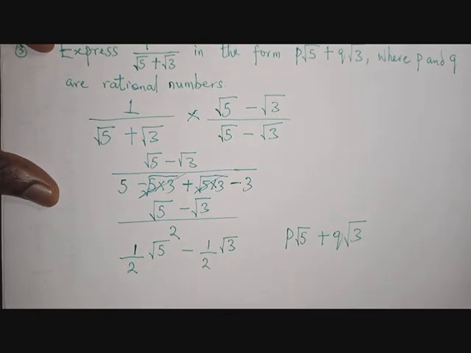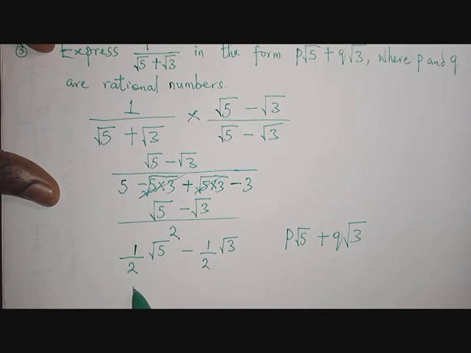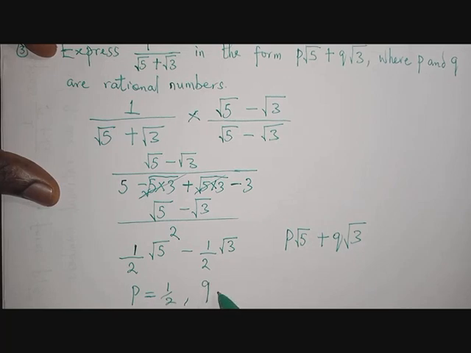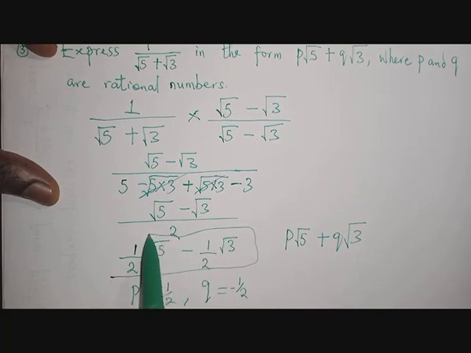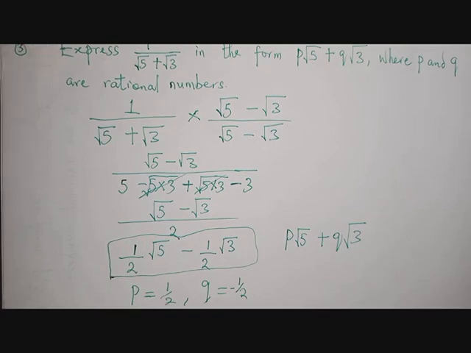So we can say that in this case, p is half and q is minus half. So that is the final answer in this case. All right, so see you in the next video.